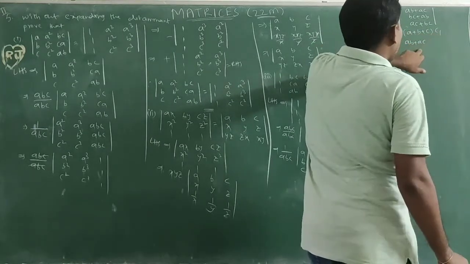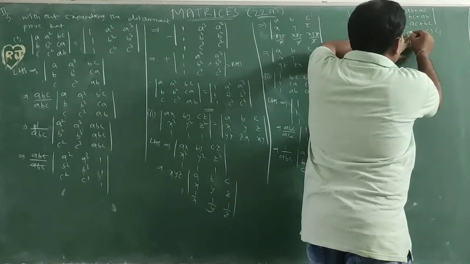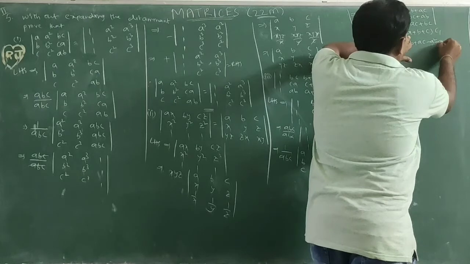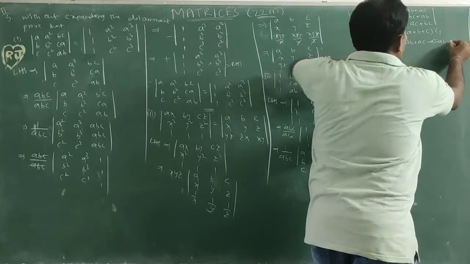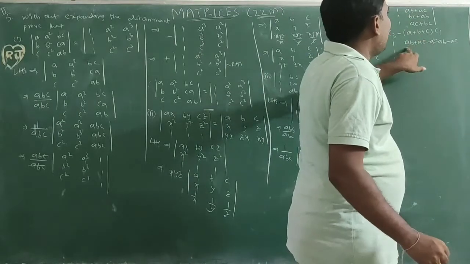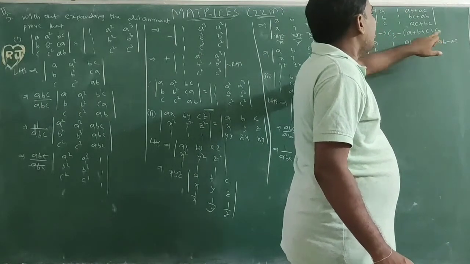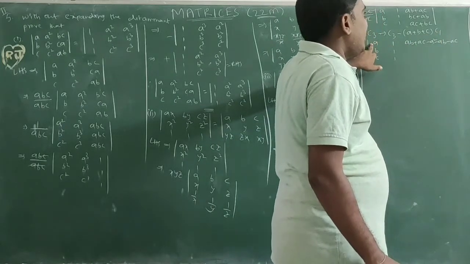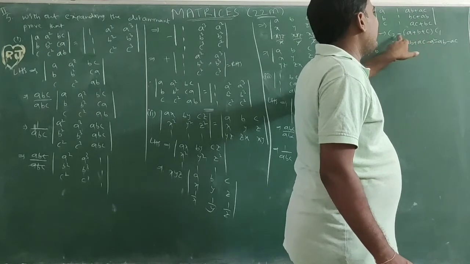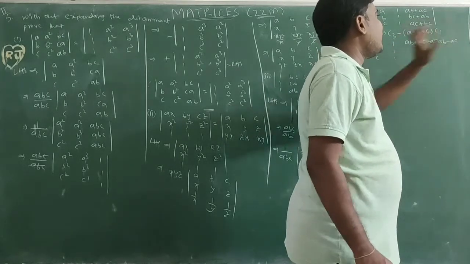For the corresponding element a: a into a plus b plus c is a square plus ab plus ac, so ab plus ac minus a square minus ab minus ac gives minus a square.